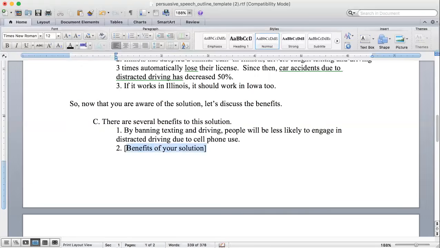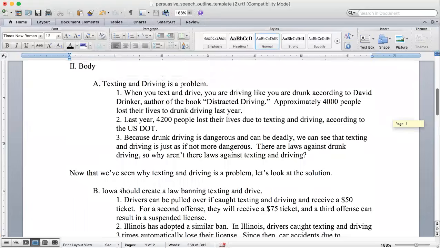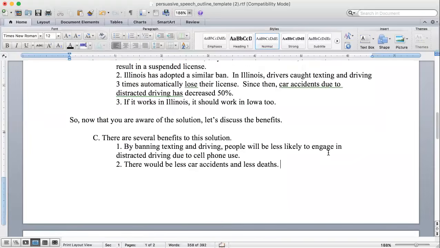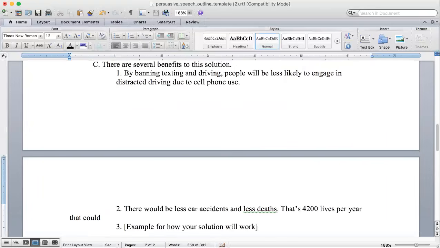And then we can start describing the benefits. There would be less car accidents and less deaths. The best way to do this is to really refer back to the problem step. So we can go, what were the things we do? Say that 4,200 lives per year could be saved.